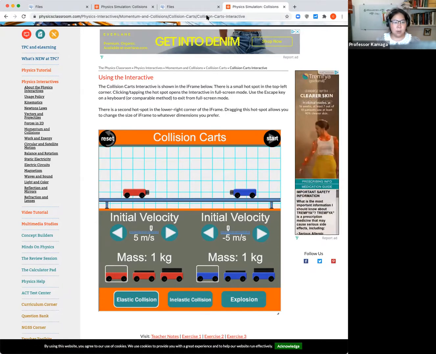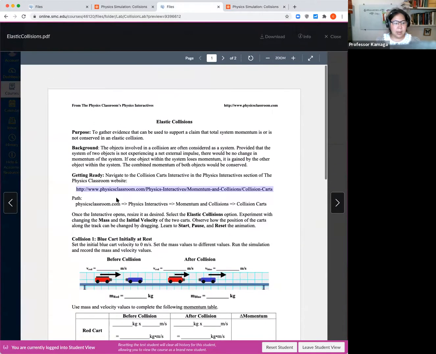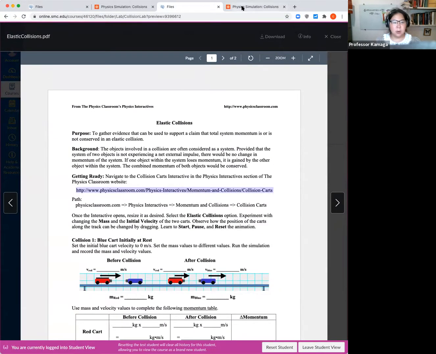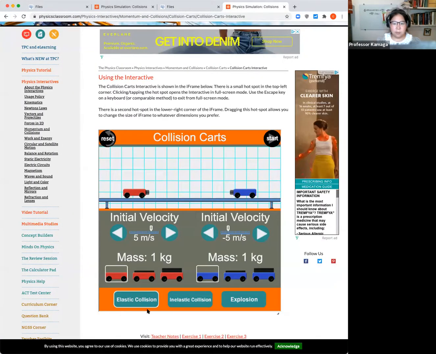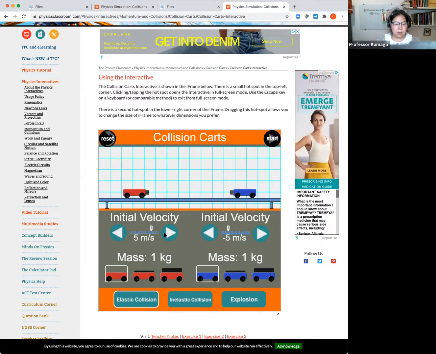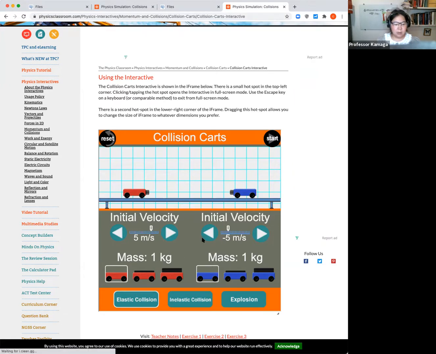Since right now we have elastic collisions, I want you to select this elastic collision here. Select it, and you could choose the mass of the red card and the blue card. I can choose 1 kilo and 1 kilo, and this is an elastic collision.